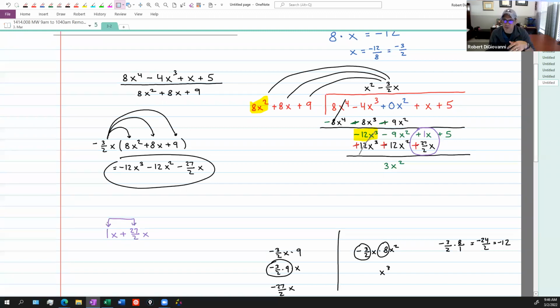Because like 3x plus 2x is 5x, you add 3 and 2 together. So I need to add those two fractions, 1 plus 27 over 2. That's the same as common denominator, 2 over 2 plus 27 over 2. That's 29 over 2. I get 29 over 2x. Then I bring down the 5, plus 5.